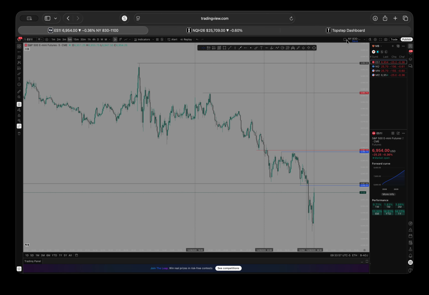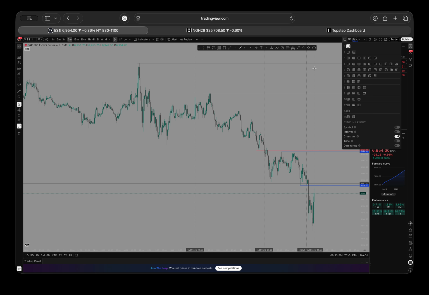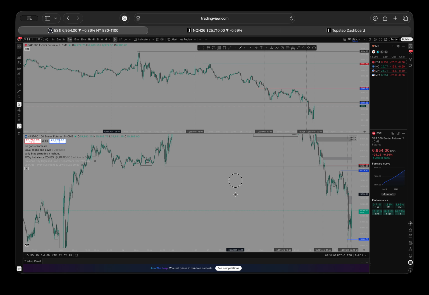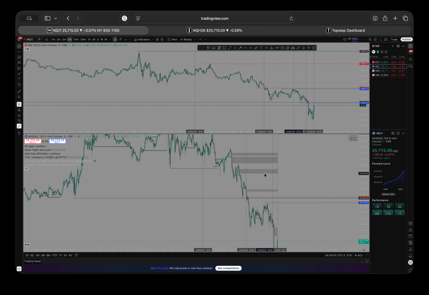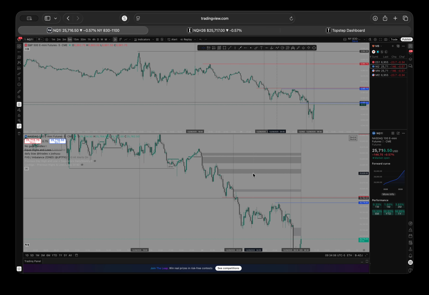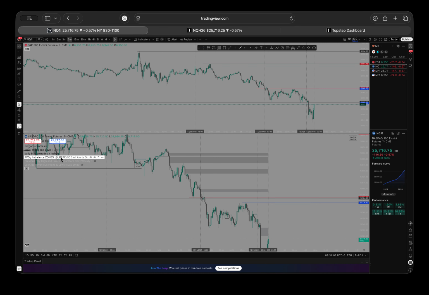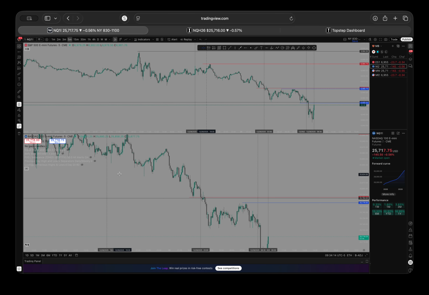Cool. I like to just put this on 2 view where I can see everything sort of clearly. Turn off all these little indicators.